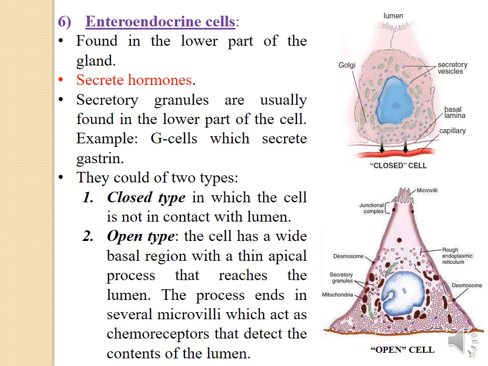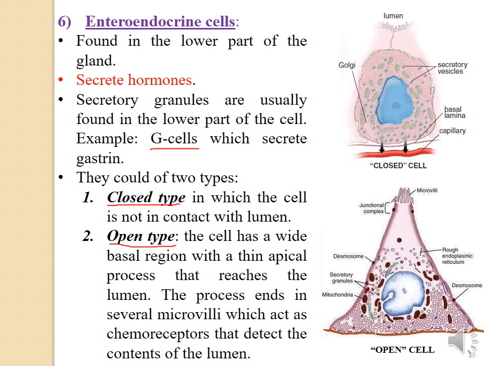Now we have many types of enteroendocrine cells. We divide them according to the hormone they secrete. One example is G cells. G cells of the stomach secrete the hormone gastrin. Another way to divide the enteroendocrine cells of the stomach is into closed type or open type.